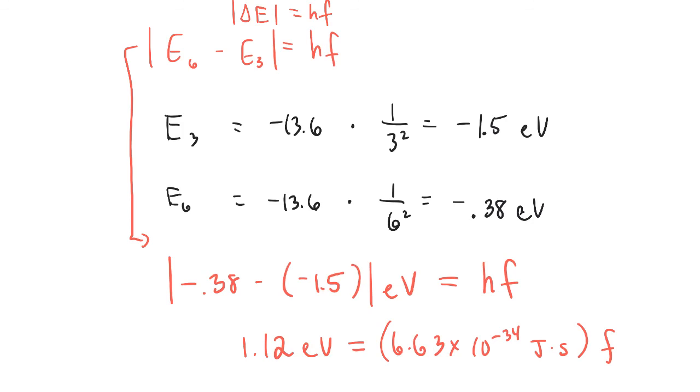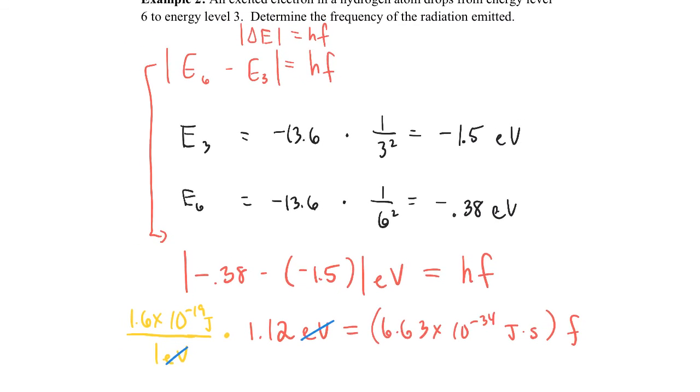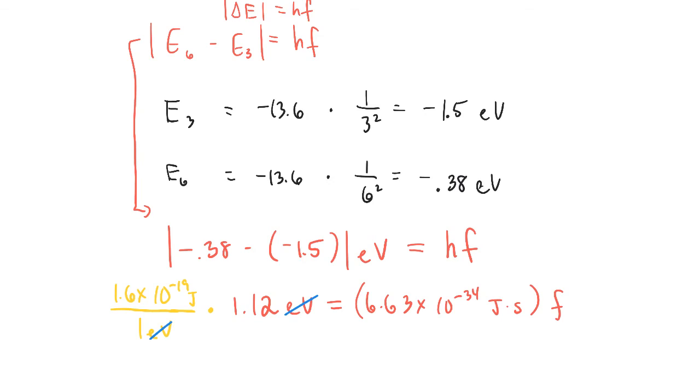So let's go ahead and multiply the left-hand side of the equation by the conversion factor of 1.6 times 10 to the negative 19 joules for every 1 electron volt. I can cancel electron volts as units now. On the left-hand side, 1.12 times 1.6 times 10 to the negative 19 equals, what is this all going to become on the left-hand side?